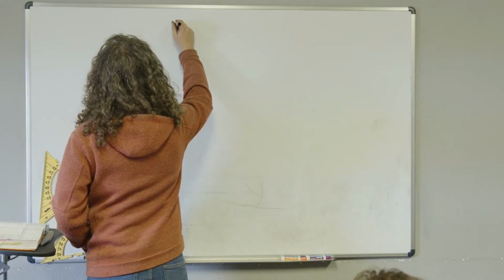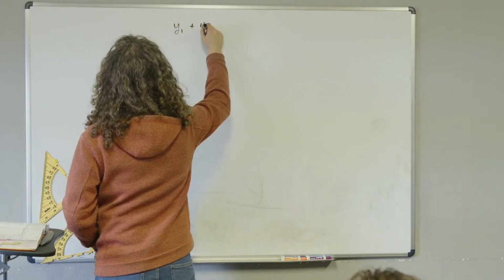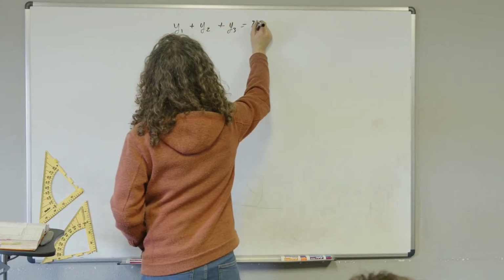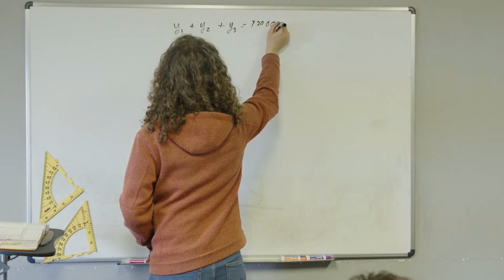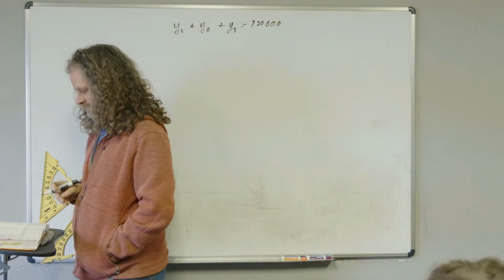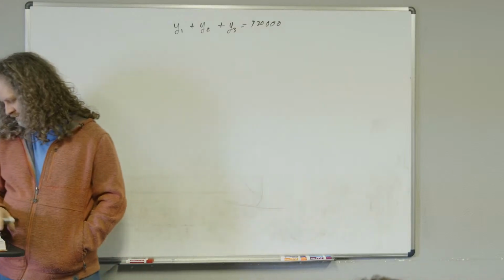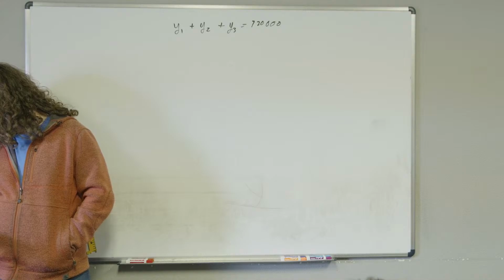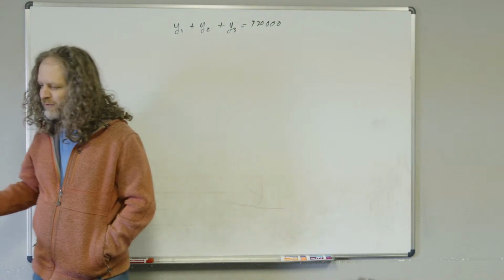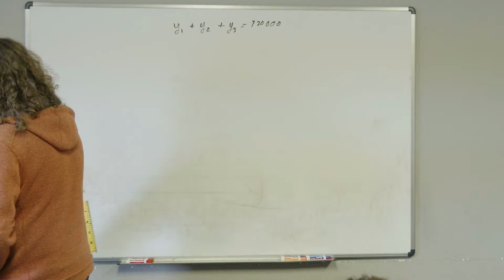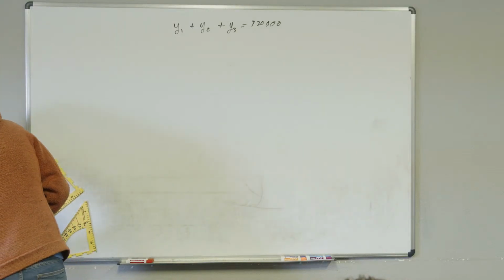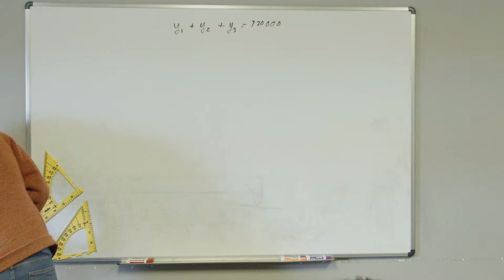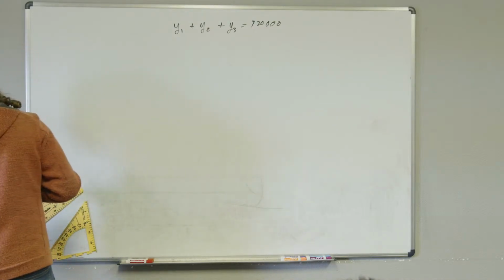So, year 1 plus year 2 plus year 3 equals 720,000, right? 50,000 more cars were made in the second year than the first. Okay, so we've got to start puzzling out what's happening here. Well, this equation is going to have some zeros in it. That's great, I think, right?